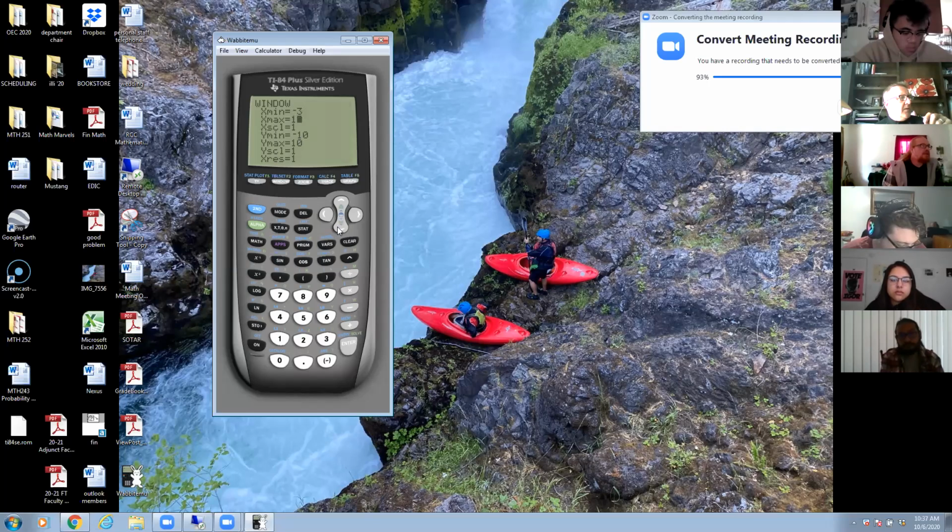I can arrow. For y minimum, let's make it -1, and for y max, 2. Now if I hit graph, I get a better look at the interesting part of this graph. Notice though, it's still colorless and totally pixelated looking.